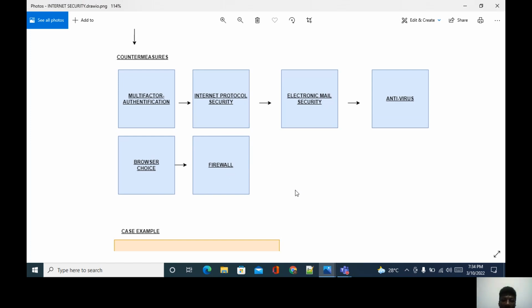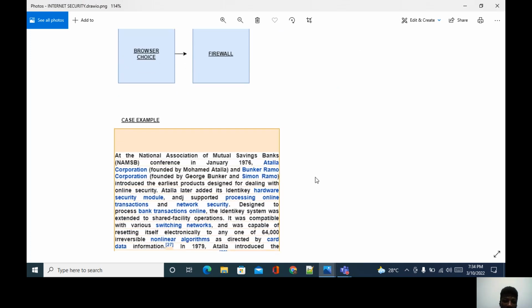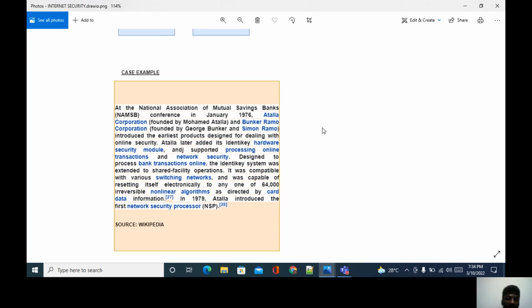Okay, so to finish, I have a case. I have an example of a case here, and it says that at the National Association of Mutual Savings Banks Conference in January 1976, Atalla Corporation, founded by Mohamed Atalla, and Bancorp Ramo Corporation, founded by George Bancorp and Simon Ramo, introduced the earliest product designed for dealing with online security.